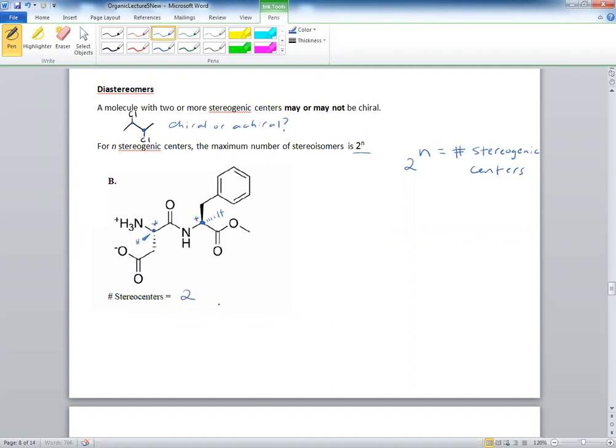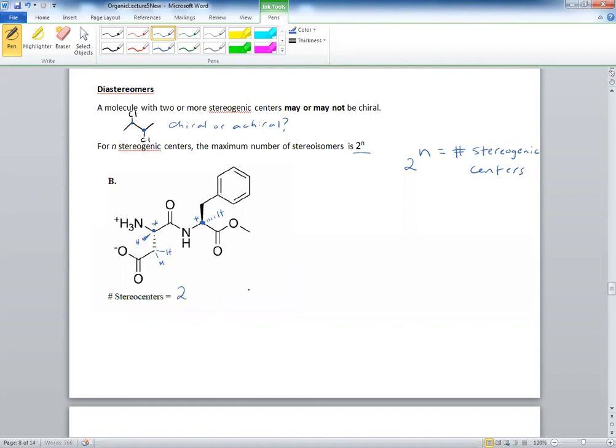How many possible stereo? Well, actually, we have more. Apologize for that. Yeah, we have 2, I'm sorry. This one is not a stereogenic center because you have 2 H's attached to it, so be very careful. So you have 2.